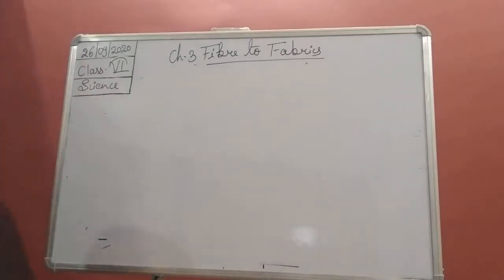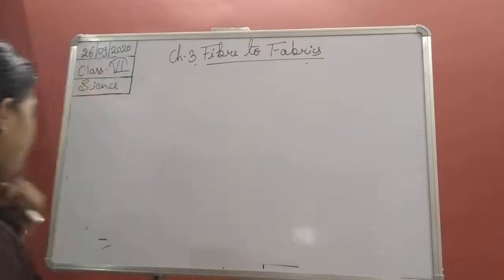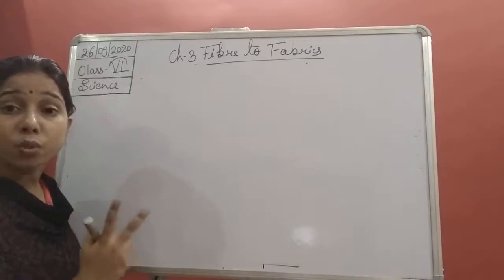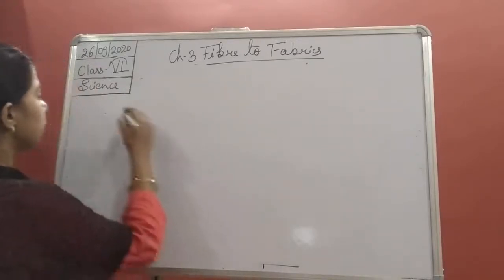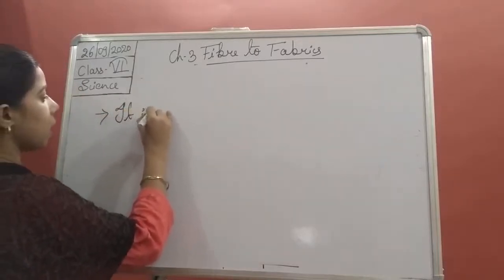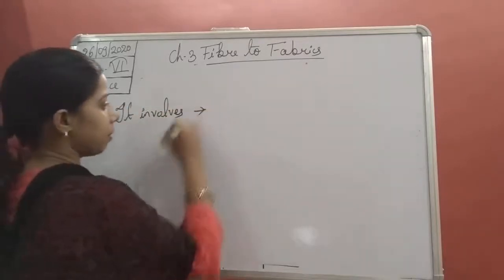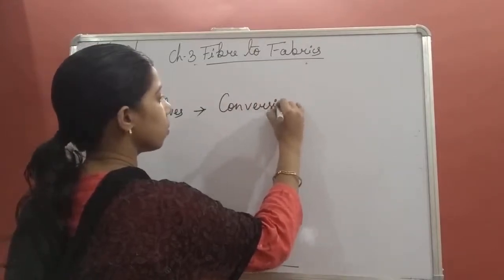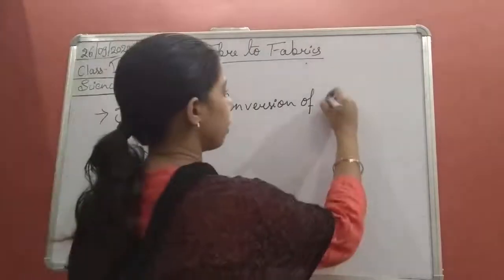Now let us discuss how fiber helps in making fabric. I told you that the formation of fabric involves two steps. The first step is the conversion of fibers to yarn.